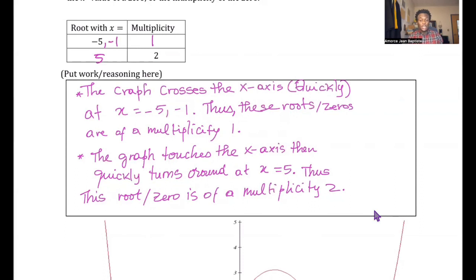That makes these zeros, -1 and -5, with a multiplicity 1, and the other zero where the graph touches the x-axis is a touch and turn around, and it's quick also, as quickly as we can imagine, then x equals 5 would be a multiplicity 2. And when you combine all the multiplicities, 2 plus 1 twice, that would give you a total of 4, which is the degree of the polynomial.